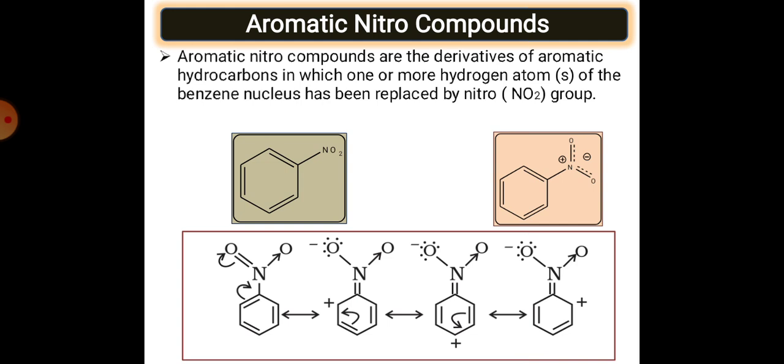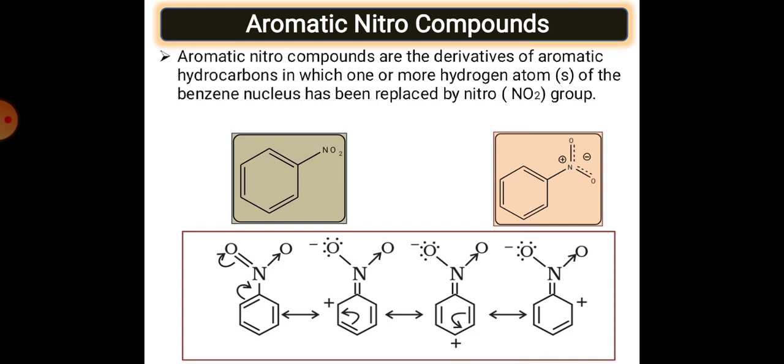In nitro aromatic compounds, the positive charge occurs only at ortho or para. Compared to the three positions, ortho, meta and para, the two ortho and one para are highly deficient positions because the group withdraws electrons strongly from them, while the meta position is somewhat rich compared to ortho and para.